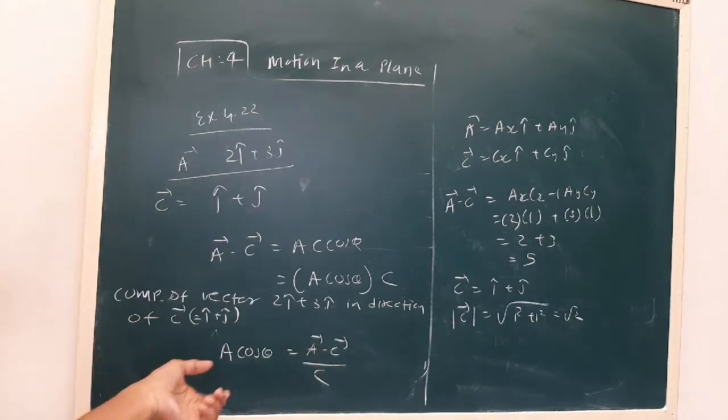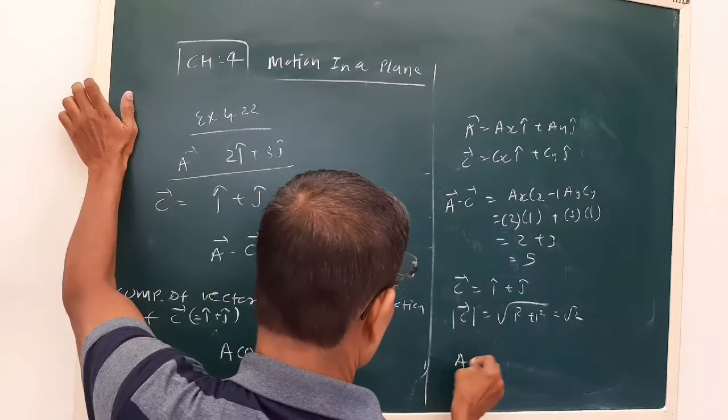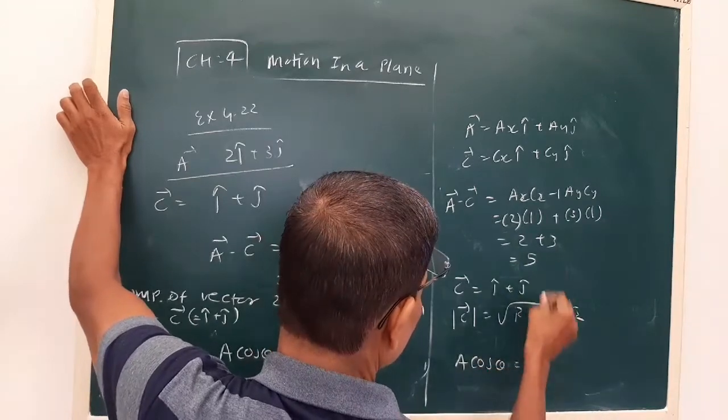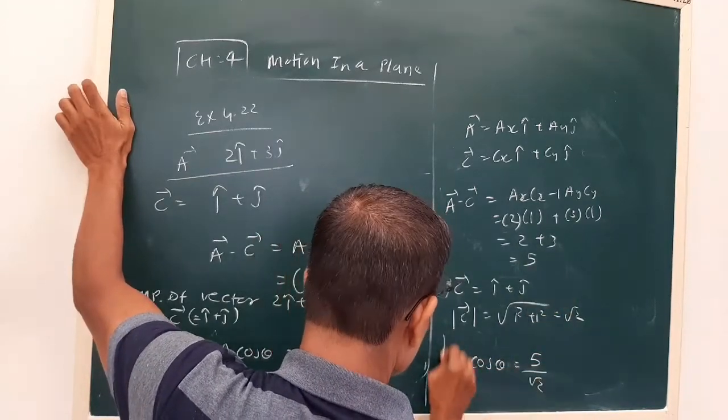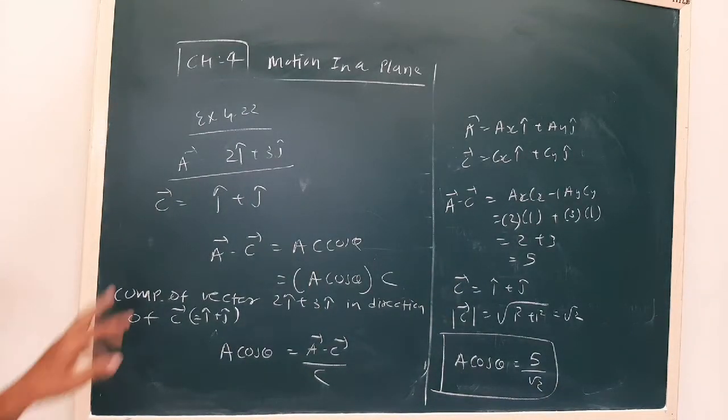Now the value which we have obtained, we can substitute here. This is A cos theta, A dot C is 5. That will be our answer. This is the first part.